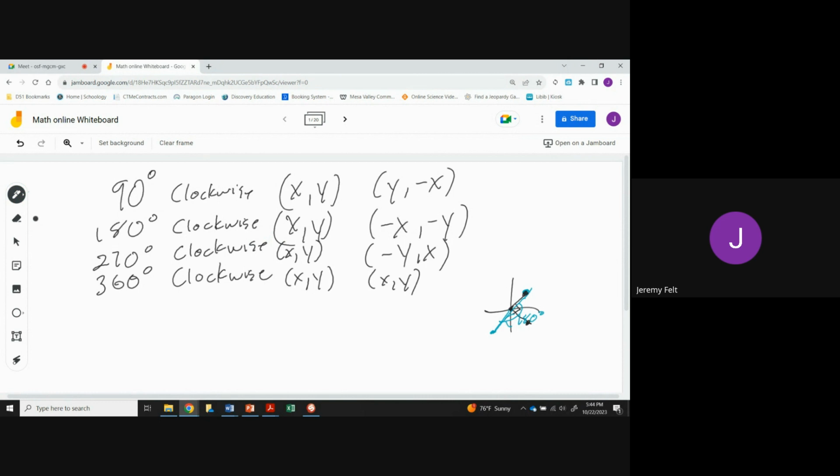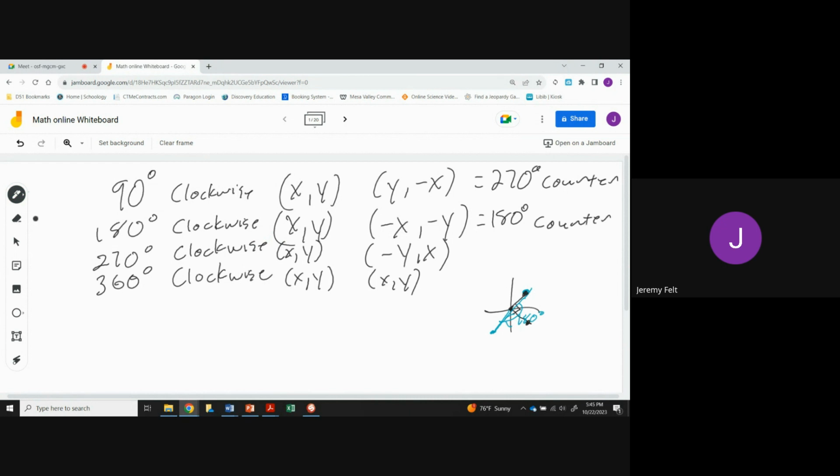Now remember, 90 degrees clockwise rotation is the same as going 270 degrees counterclockwise. This is writing them all out again. We can just remember this for 180 degrees clockwise equals 180 degrees counterclockwise.